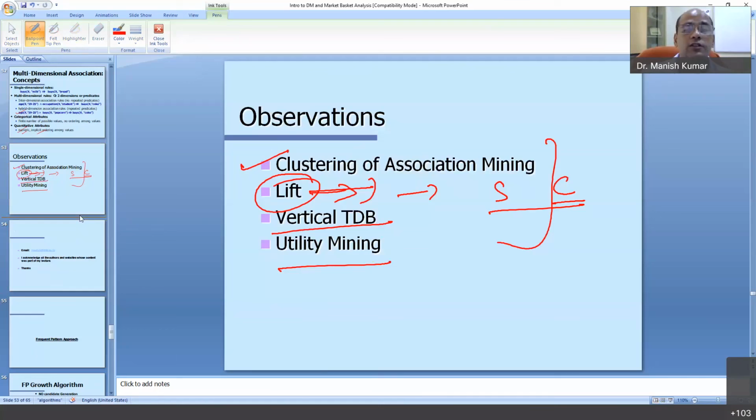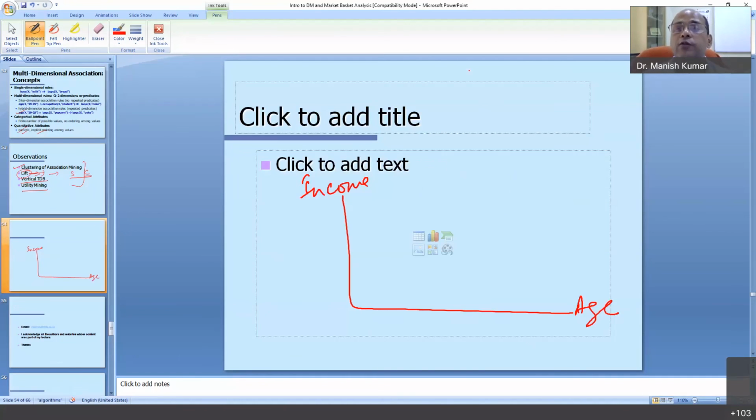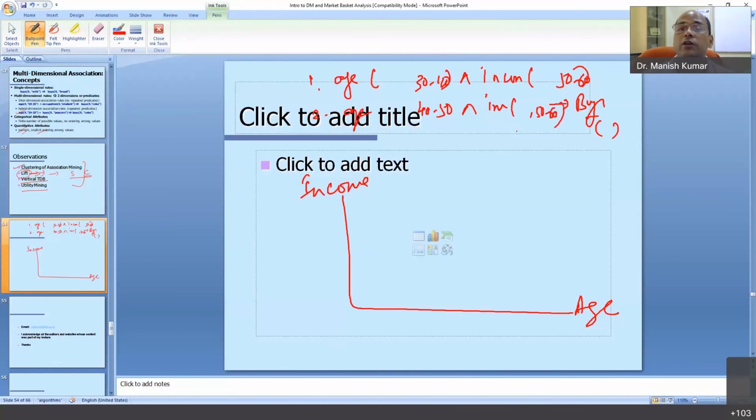The first is clustering of association rules. Suppose you are talking about two dimensions, income and age. Now I have 4 associations. The first says age 30 to 40 and income 50 to 60.